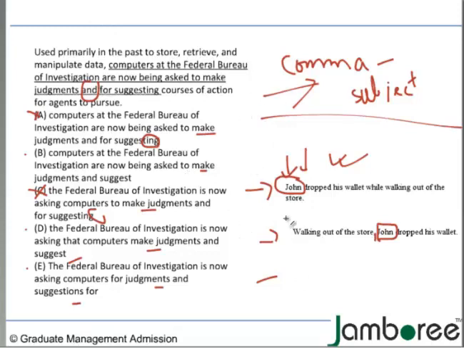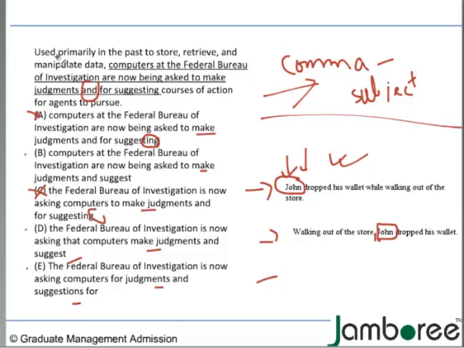If you combine both our parallel construction trigger and the comma subject rule trigger, this is a very easy question. By spotting the "and" here, you are down to 3 options. Then immediately after the comma means the next rule that you are going to try and apply will be the comma subject rule, right? Now let's see whether the subject has already come or what the subject of the sentence is.